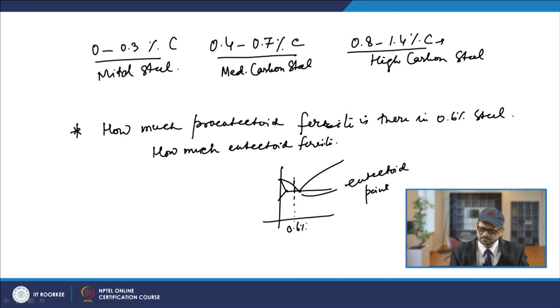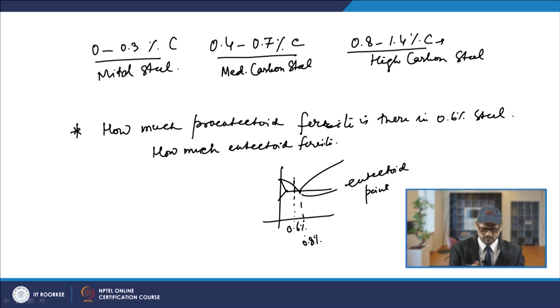that is your 0.6% carbon. Now, you will have ferrite of composition according to this line, but the amount of ferrite which is formed will be based on this line upon that line. So this is your 0.8 and this is your 0.6.